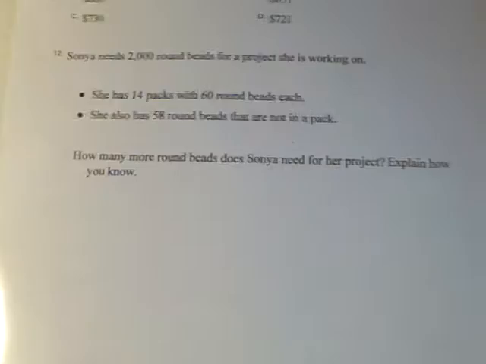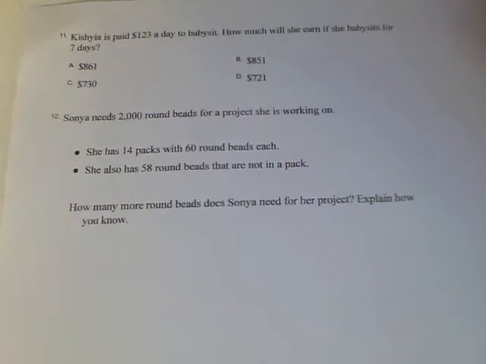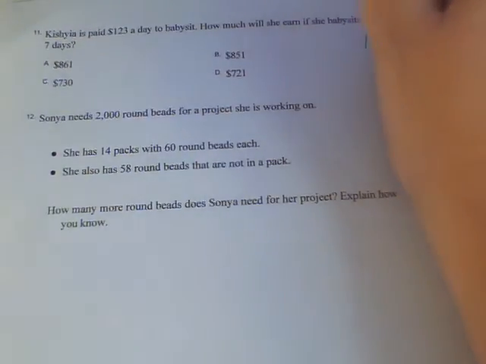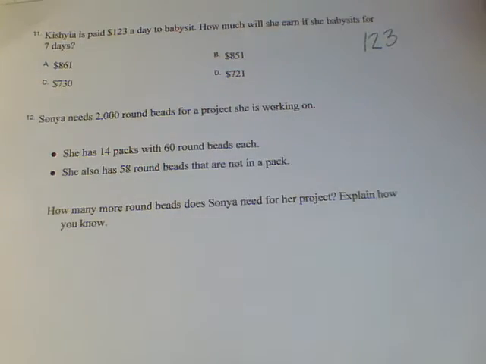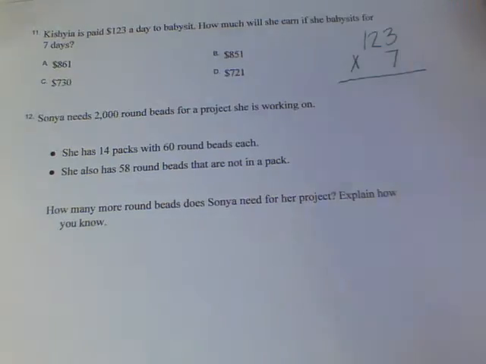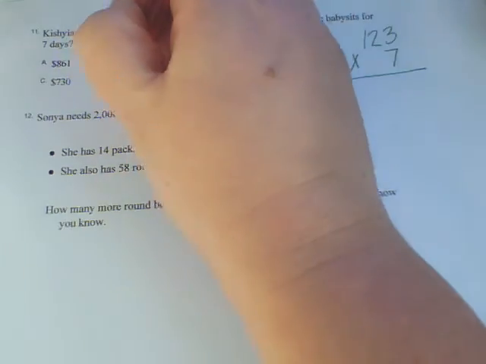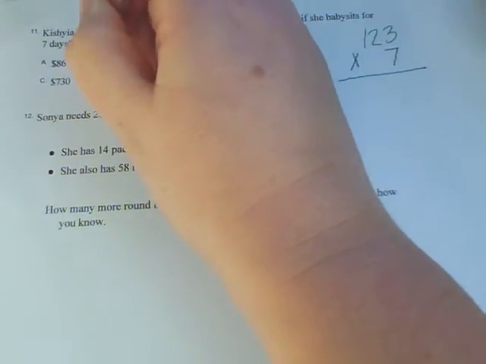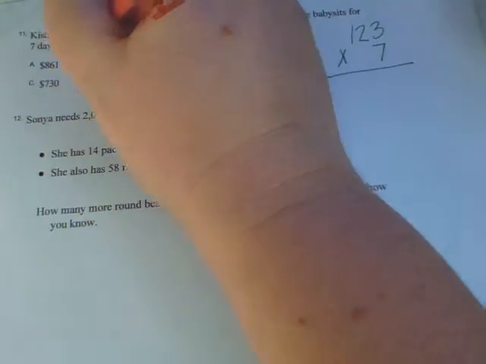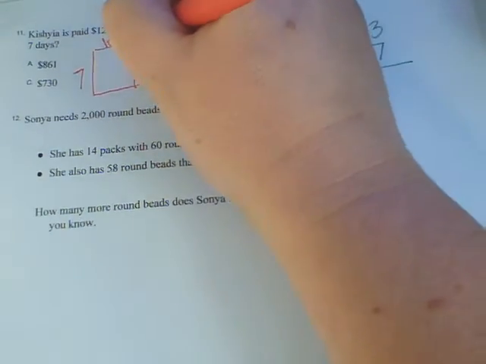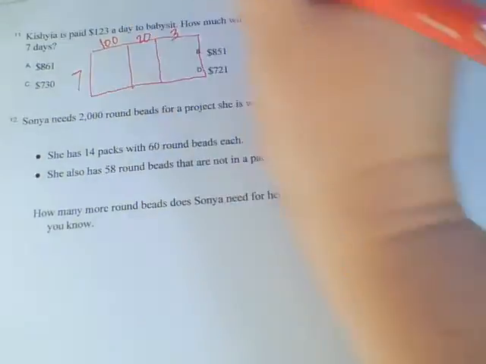I'm looking for an 8 times a 3 and an 8 times a 20. Number 11. Kaisha is paid $123 a day to babysit. How much will she earn if she babysits for 7 days? Okay, so you're doing 123 times 7. Here's your 7. How many hundreds? 1, that's 100. How many tens? 2. That's equal to 20. And how many ones? 3.